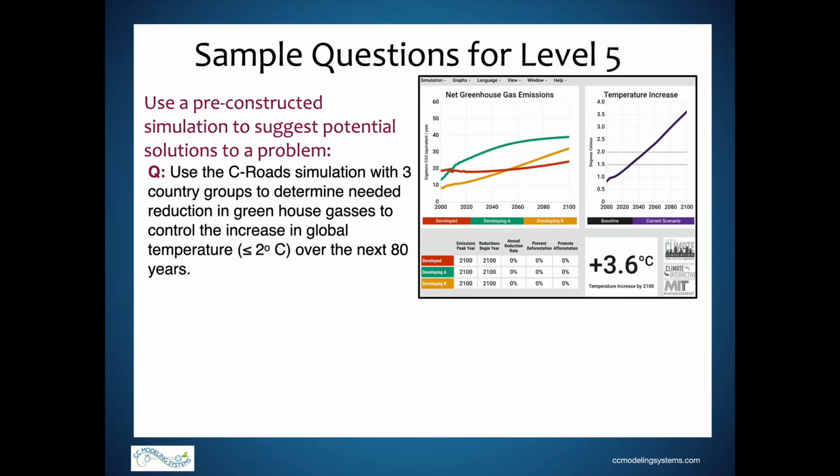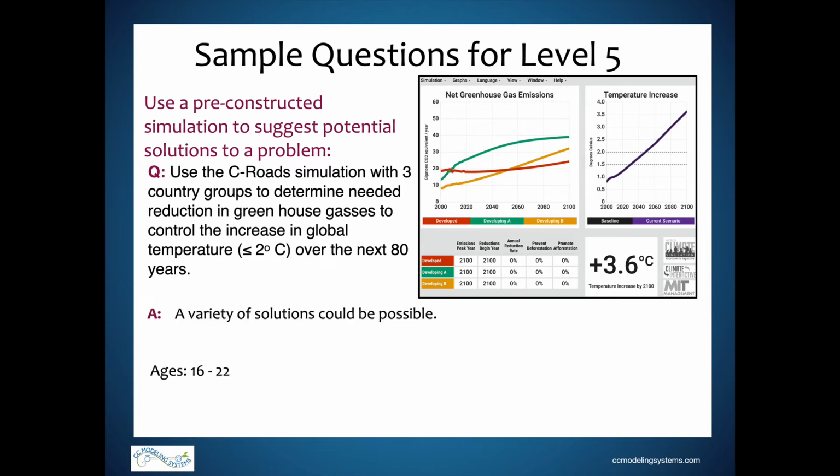problem. A question here could be, using C-ROADS or some other SD simulation, you could use it to test policies to help solve a potential problem, or to suggest policies that can move you in the right direction.